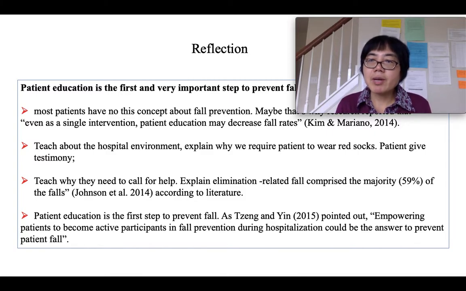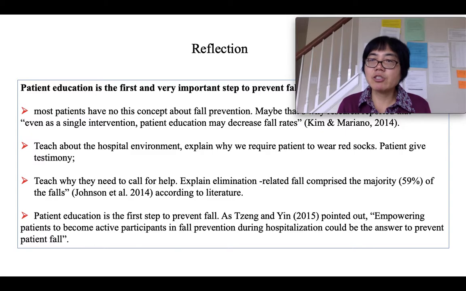After all the explanation, one time, one patient said, "Oh, my wife went to the bathroom with bare feet, slipped, and broke her hip and was hospitalized. It's a tragedy." The patient added, "I will definitely remember what you told me.